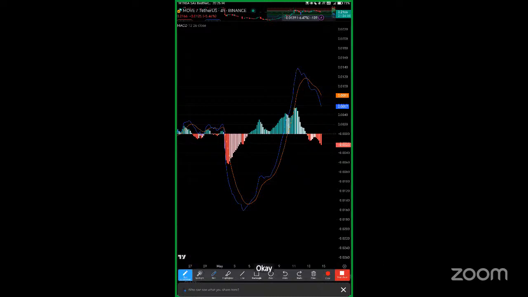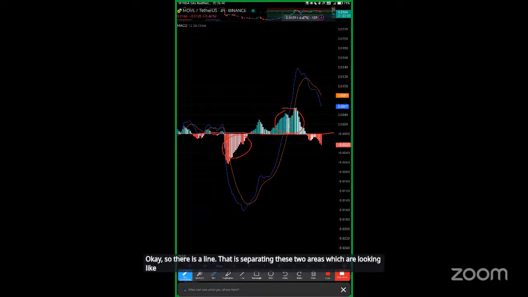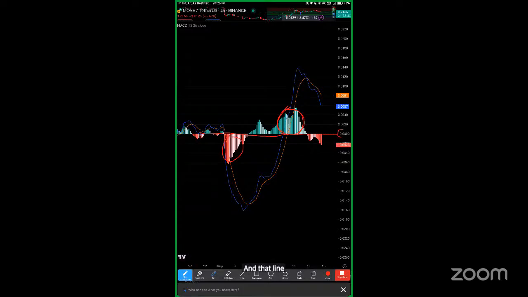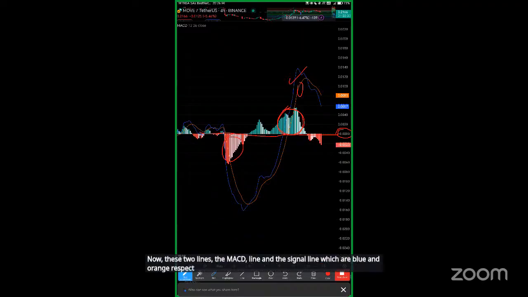So there is a line that is separating these two areas, which are looking like clouds or mountains, right? These two areas, the green area and the red area. There is a line that is separating these two parts, and that line is called a zero line, okay? Now, these two lines, the MACD line and the signal line, which are blue and orange respectively, move along this zero line.